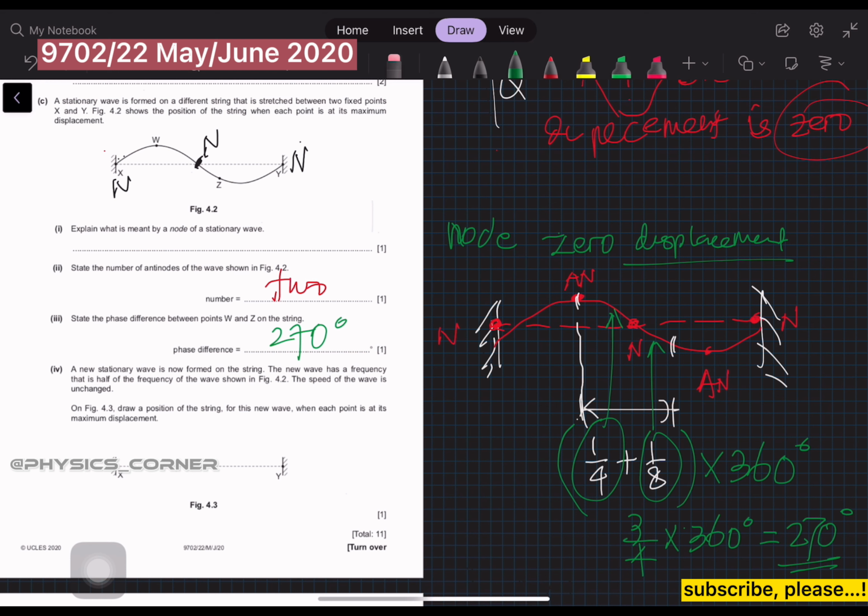Because the new frequency is a half, it means the wavelength is double, so the graph has only 2 nodes and 1 antinode, like this one.